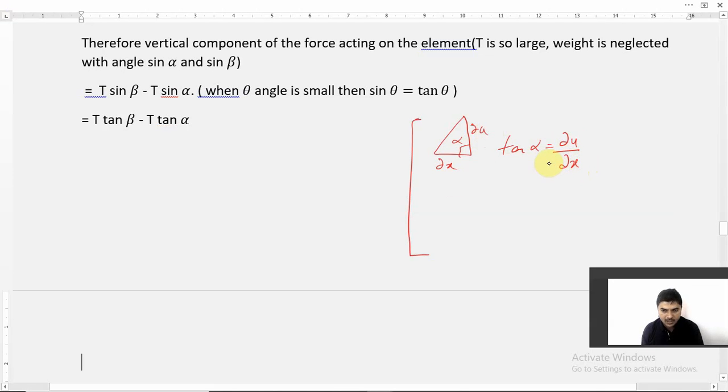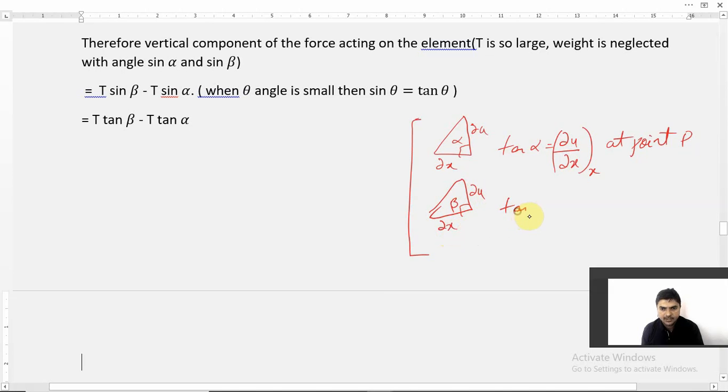But when you take alpha, this is at point P, so the distance will be x. So I will write here x. Similarly at point Q, if this is angle beta, then this is the change in the u axis and this is the change in the x axis.